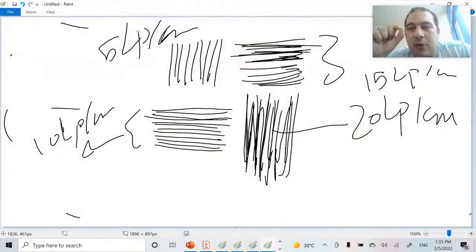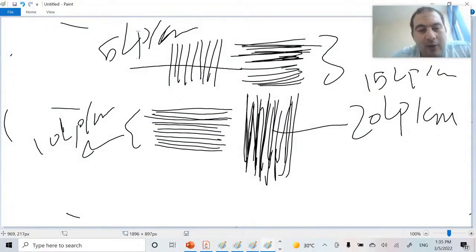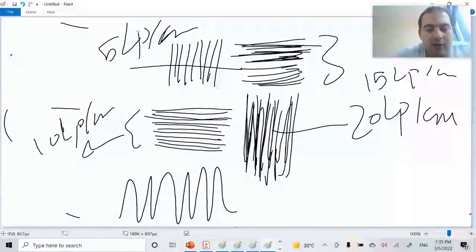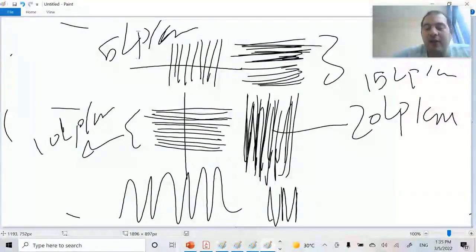If you want to test the resolution of your machine, you need to check whether the machine can see 5 line pairs or not. So, what do you do to find out if it can see them? You perform the line profile that we mentioned. The line profile will show the 5 line pairs, so you can see it or not see it. If you come to the 10, you will take the line profile and you will still be able to differentiate.